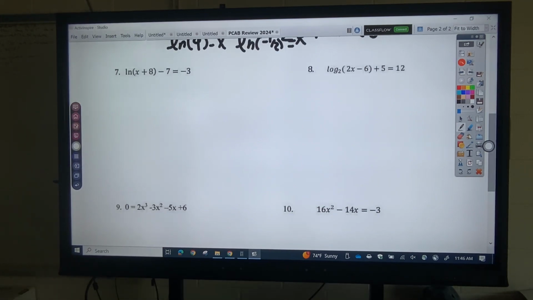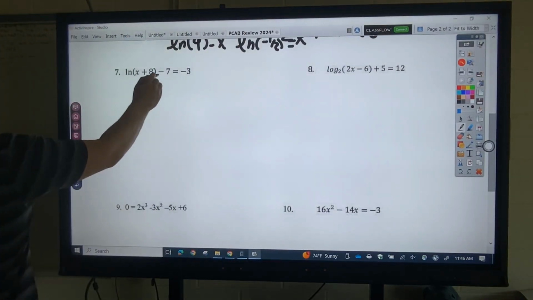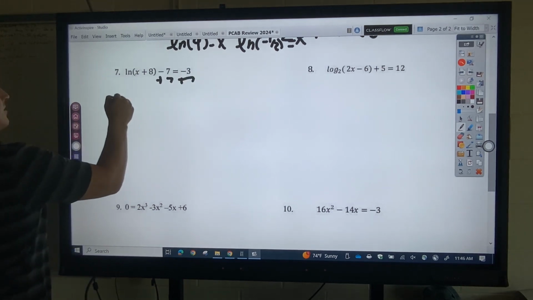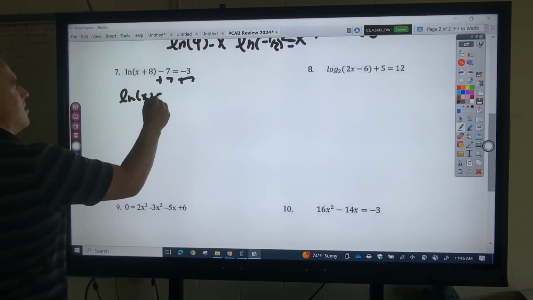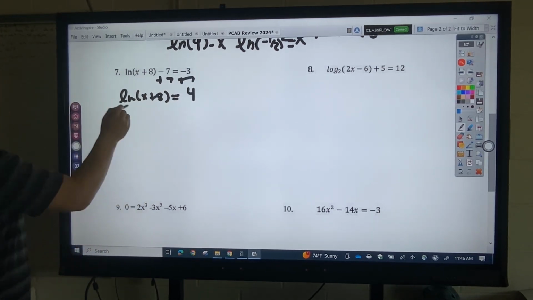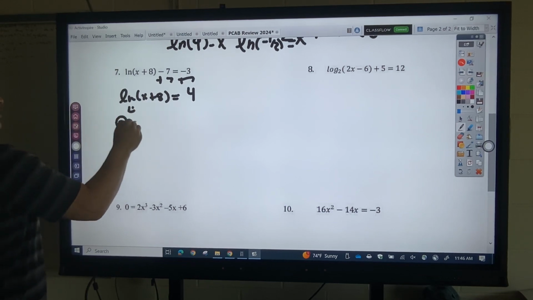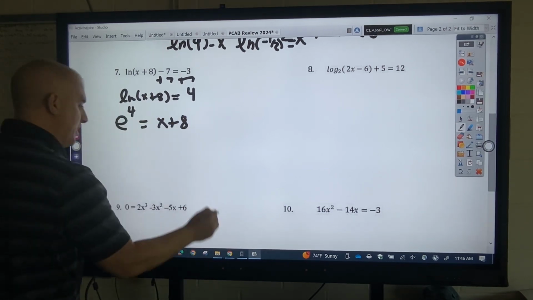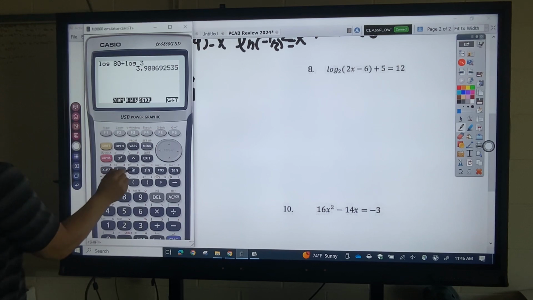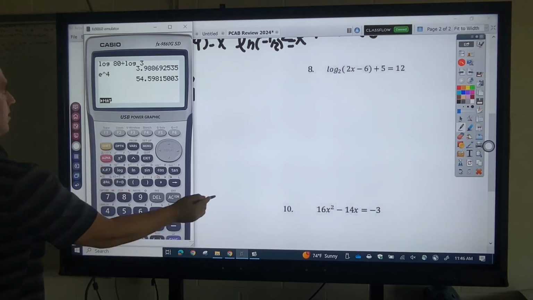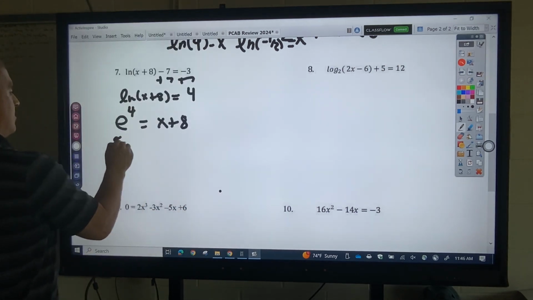Okay. This one, I'm going to add the 7. So that's natural log of x plus 8 equals 4. I would want to convert this to e. The 4 is going to join it. The x plus 8 is going to go over here. E to the 4th is 54.598.